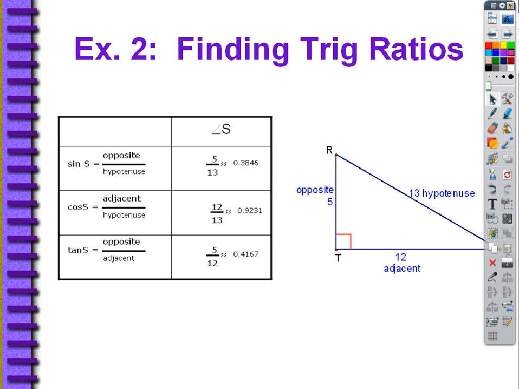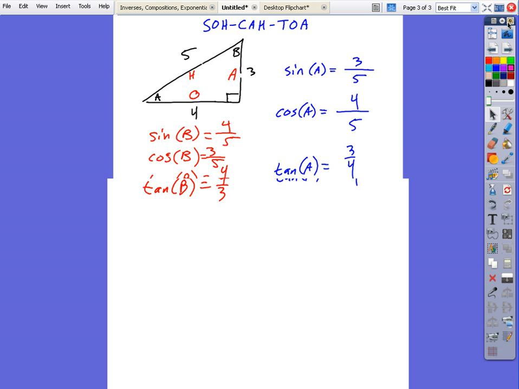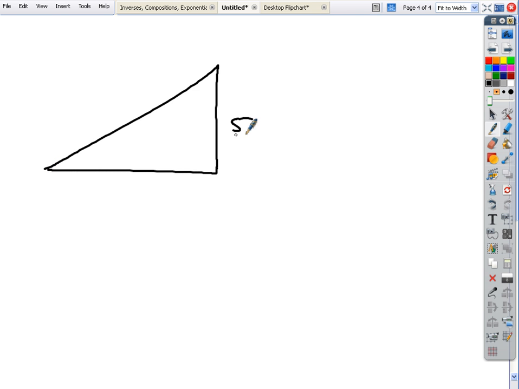Okay, so let's try one more of these. We'll say it out loud so we get the same answer here.